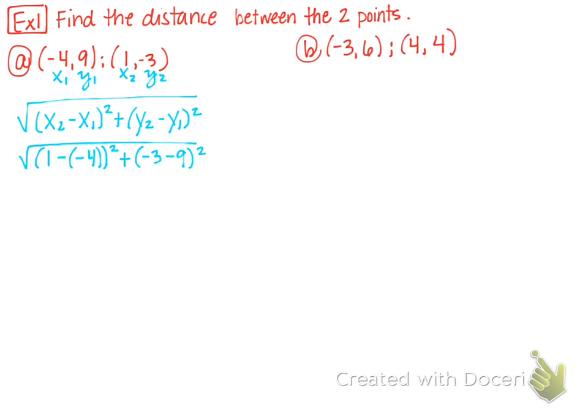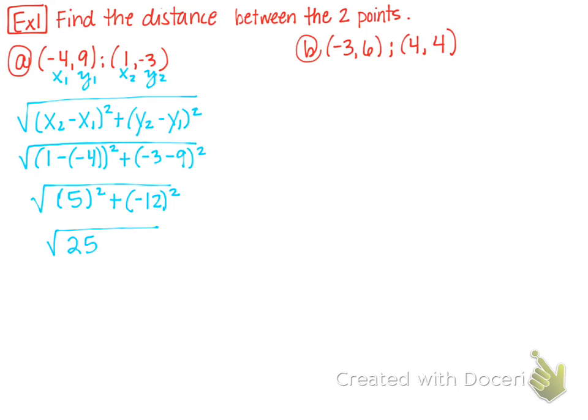Okay. So let's clean it up a little bit. First, we're going to figure out what these are. We have big square root of, and 1 minus a negative 4 is 1 plus 4, so we get 5 squared. Then plus, and then negative 3 minus 9 is negative 12 squared. We're going to square both of these numbers. Now make sure if you put this in your calculator, we've got 25.